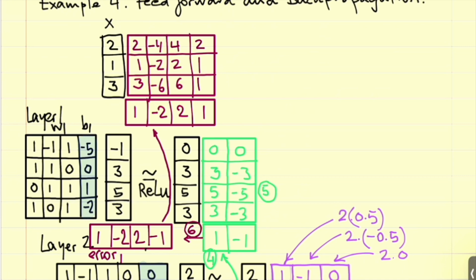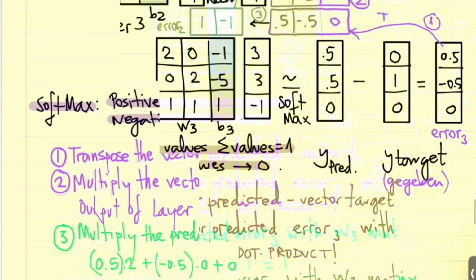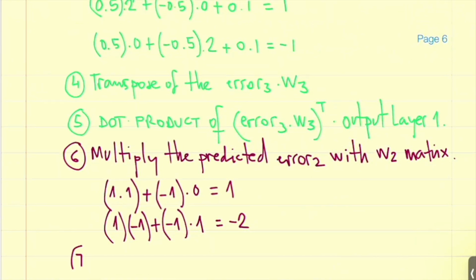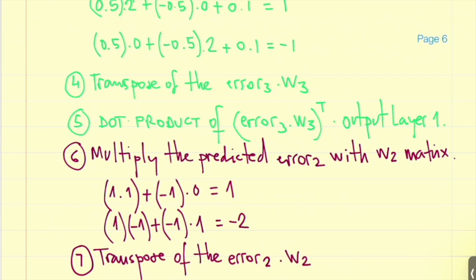And this is step number 7. Okay, step number 7 is transpose of the error number 2 times weight matrix 2, and number 8 is dot product of error 2, weight matrix 2 transpose times the output, or the input signal.